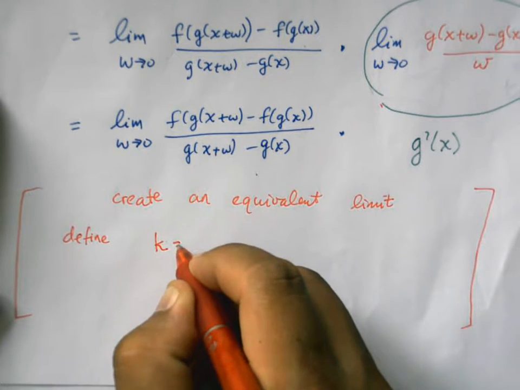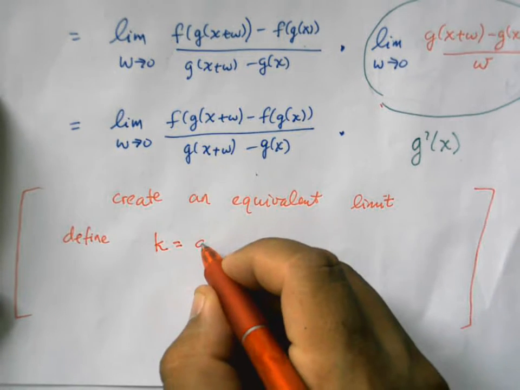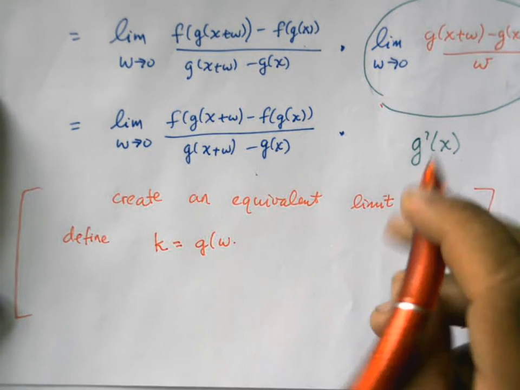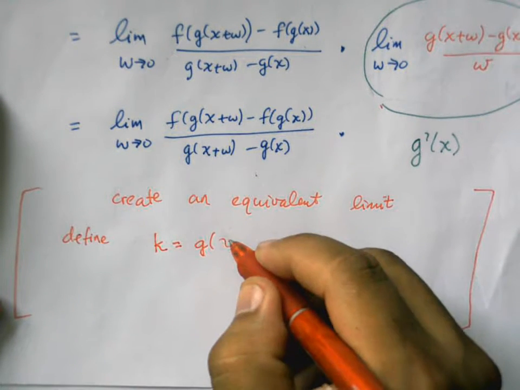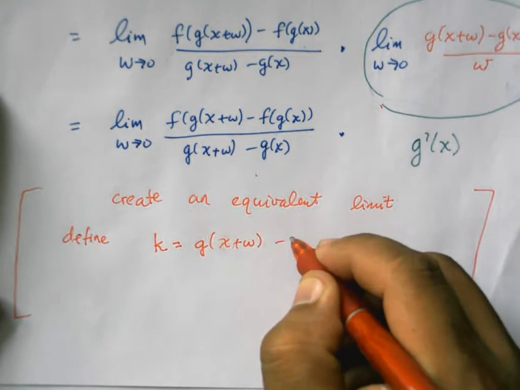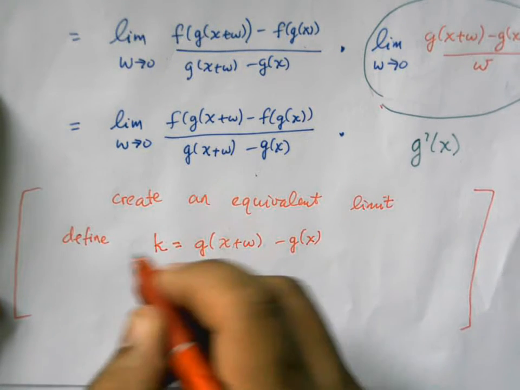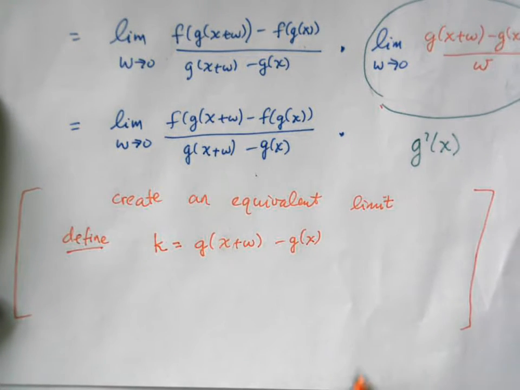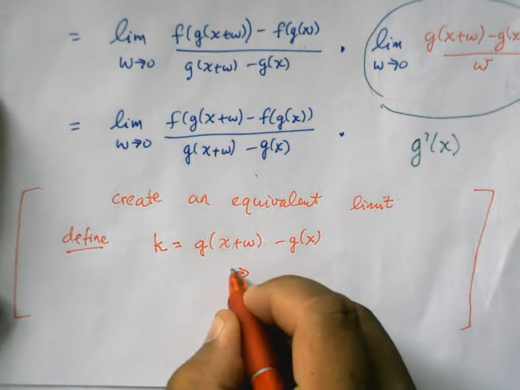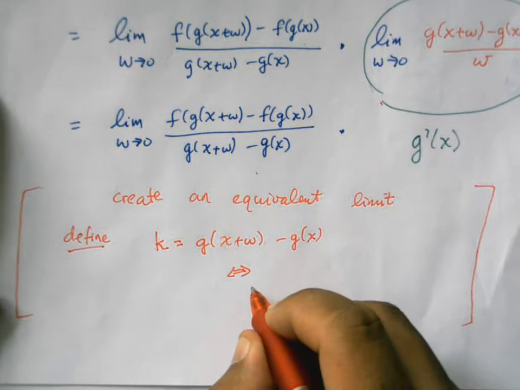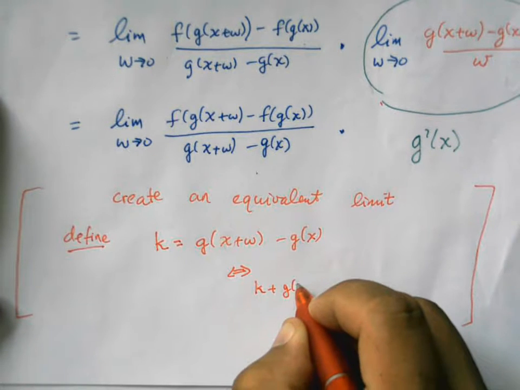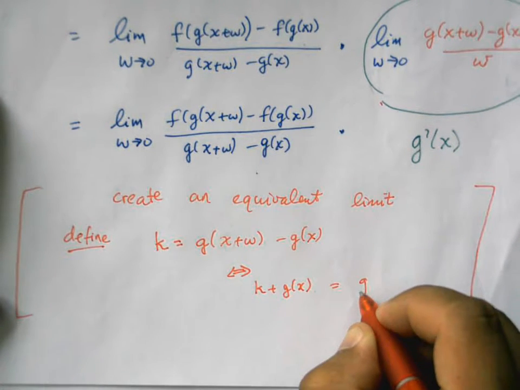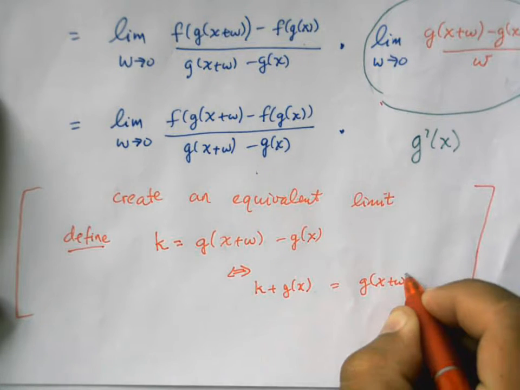So I'm going to define a new variable, k, and I'm going to say that k is equal to g of x plus w minus g of x. Okay, and that essentially means that if we add g of x to both sides, k plus g of x equals g of x plus w.